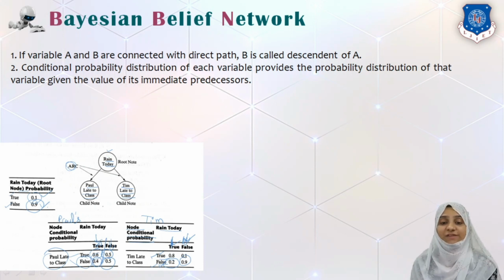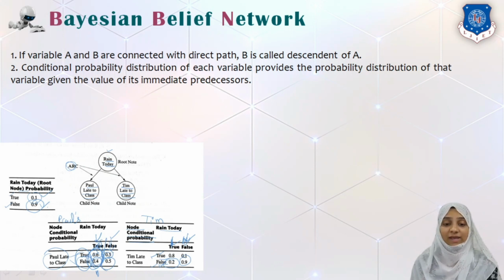Now as you can see, coming from top to bottom, when we are talking about Paul being late to class, there are two different outcomes of Paul. The summation of these probabilities must always be 1, whether it is with the first outcome of the predecessor or the second outcome of the predecessor event.